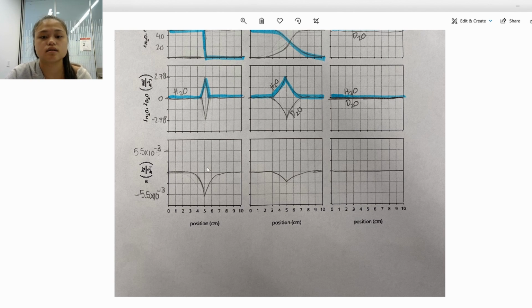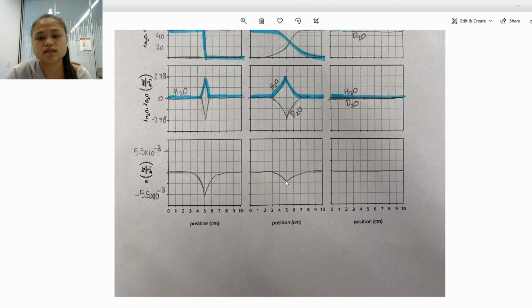But the net mass flux is going to be in the negative direction because the molecular weight for deuterium oxide is slightly greater. So for every 1 mole of deuterium oxide that's moving to the left, there's more mass moving to the left with it because of that higher molecular weight than the water.